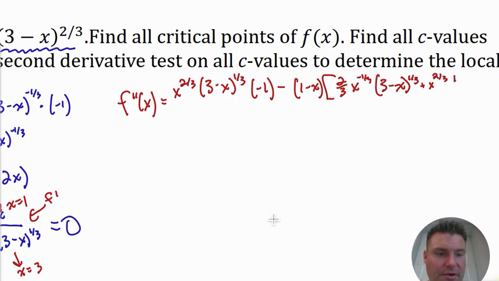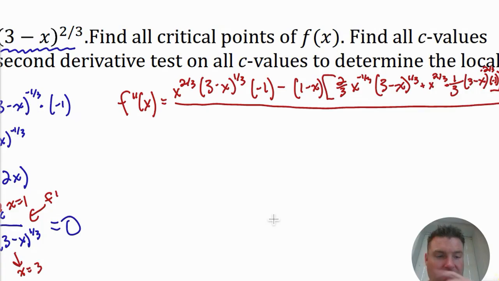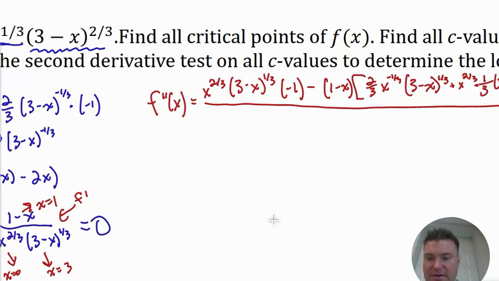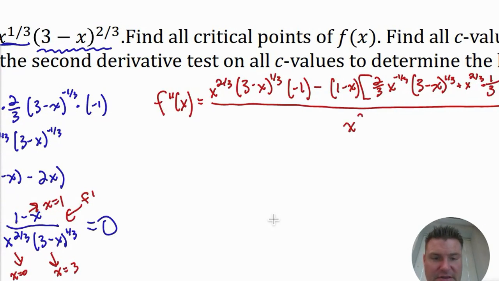There's going to be 1/3, so times 1/3, (3 minus x) times -1. Bracket done. And then that would be to the -2/3. I know I'm squeezing it in there. You'll survive. All over the bottom squared, which is going to be x to the 2/3 times (3 minus x) to the 1/3.